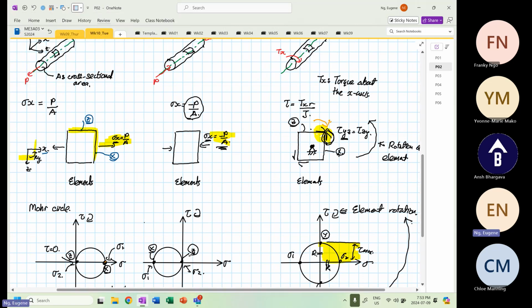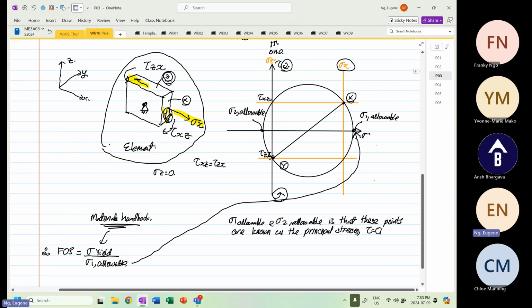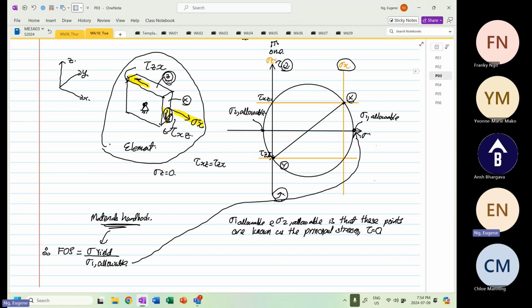At this point over here, circled in orange, the shear stress is equal to 0. Therefore, in order to determine the factor of safety, you have to draw what? You have to relate with what? Mohr's circle, right?